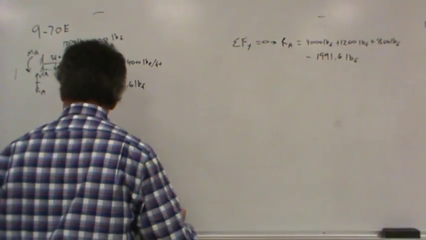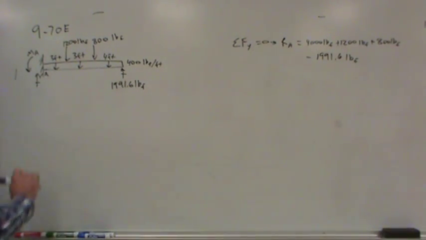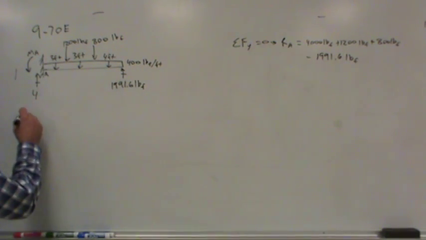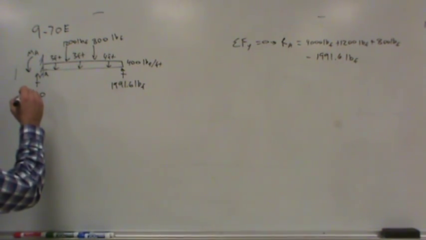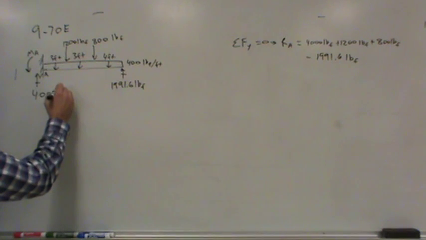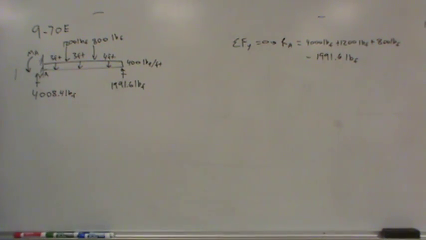What do we get for our reaction at A when we do this? It's going to be 4,008.4. All right, that makes sense. So there's the reaction at A.